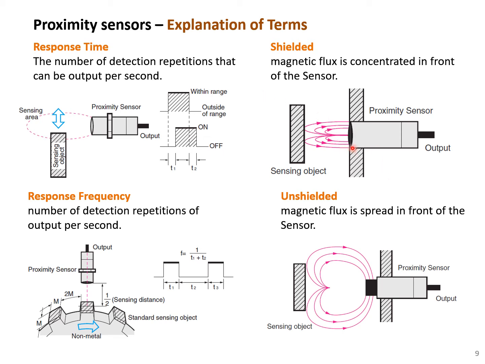So we could say that we have a sharper beam that can detect objects with more accuracy, but the range of detection will be limited. So how can we shield them? By mounting some metallic objects around the tip of the sensor.